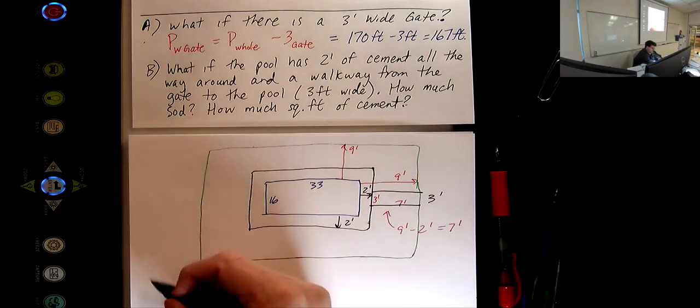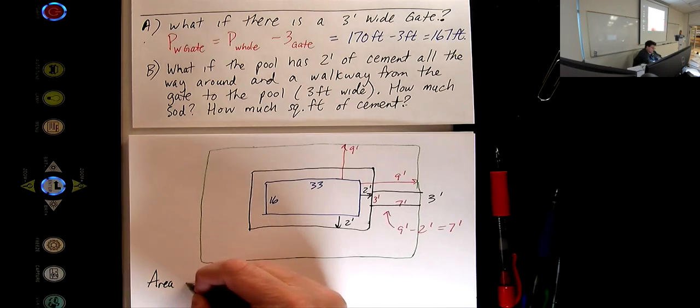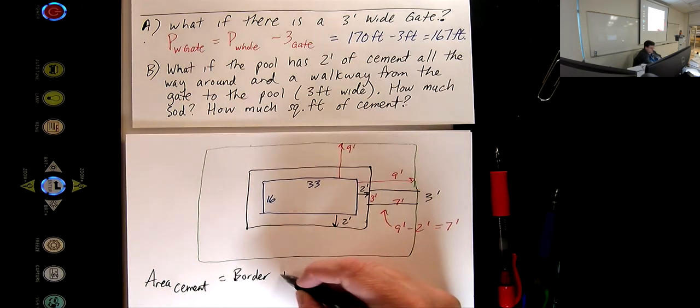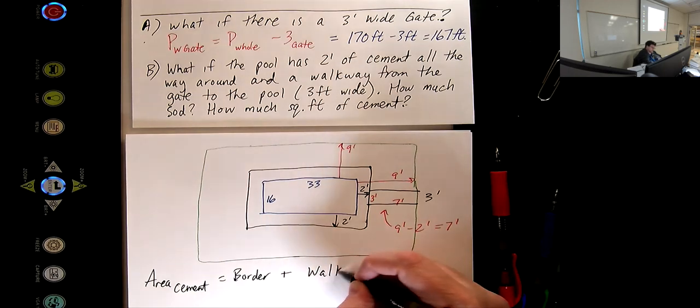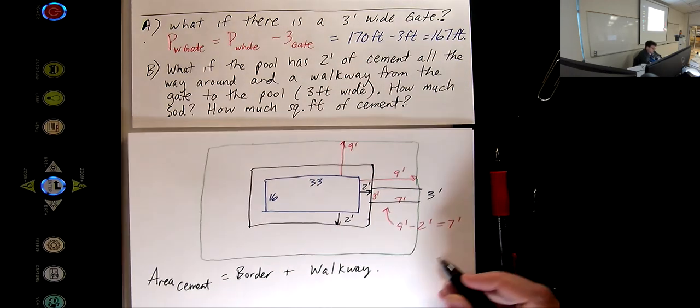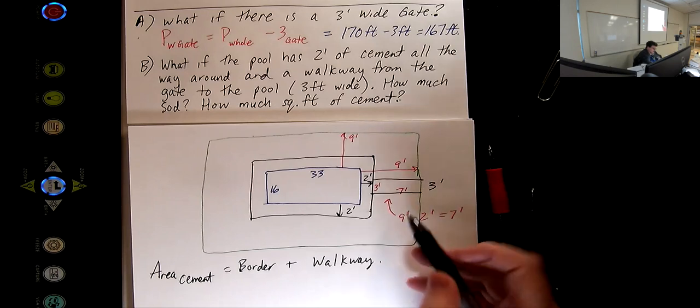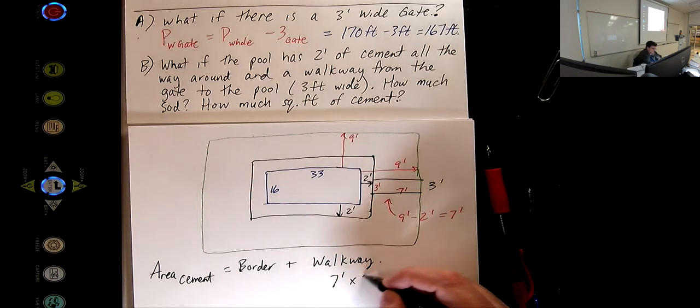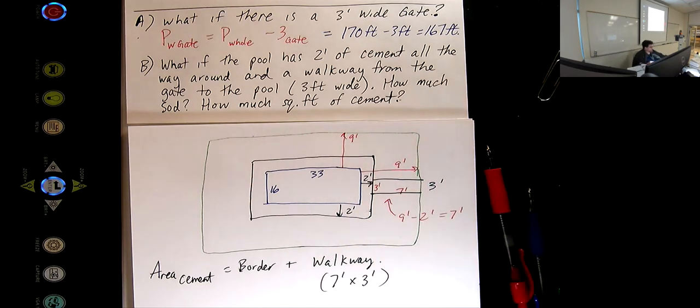So maybe let's write out what we're doing. And you're right, we're gonna do that. Maybe we can label it. Area of cement. We're gonna do, let's say it's the border of the pool and border plus walkway. And quickly, with our little picture, we've got 3 feet by 7 feet for the walkway, or 7 feet by 3 feet.